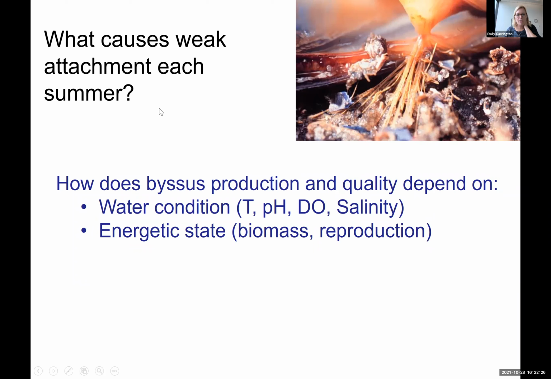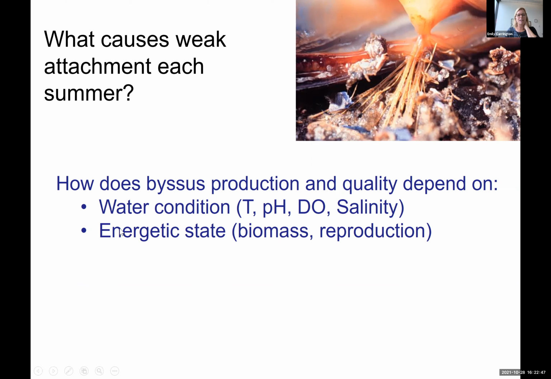So what I'm going to walk you through is a series of studies that we've done, and they are aimed at answering these questions. Really, how does byssus production, how many byssal threads there are, and the quality, how strong those byssal threads are. And those are the 2 factors that go into creating a strong attachment.